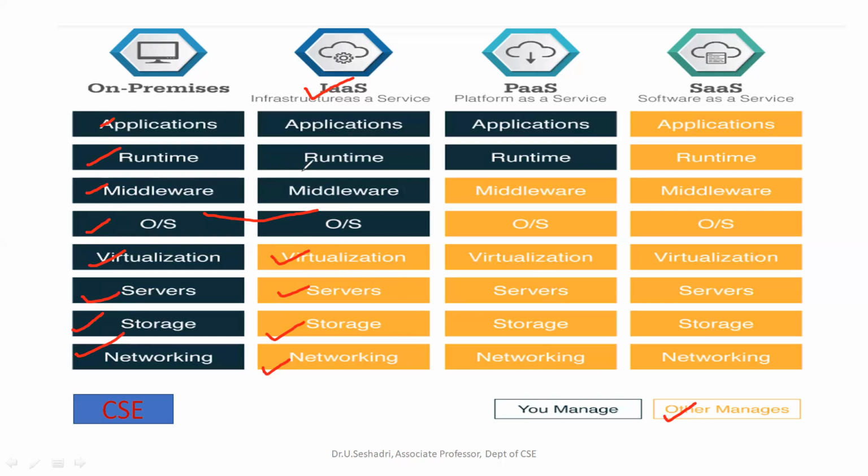If we are using cloud delivery models, there are three: one is infrastructure as a service, second one is platform as a service, third one is software as a service. If we are using infrastructure as a service, you don't worry about the networking, storage, servers, and virtualization.